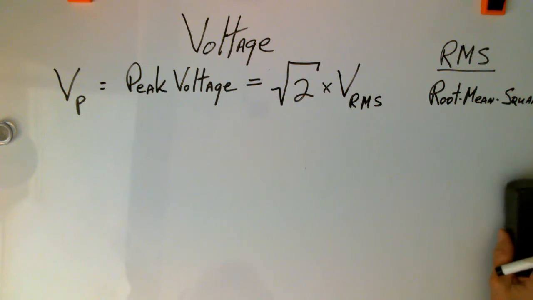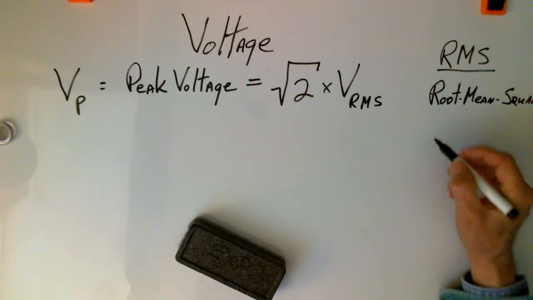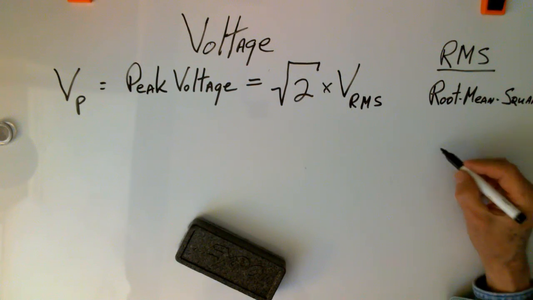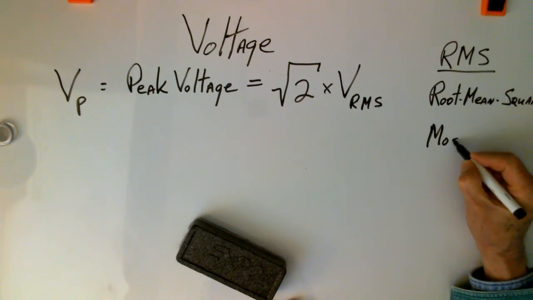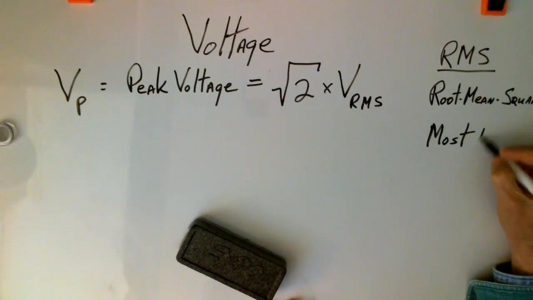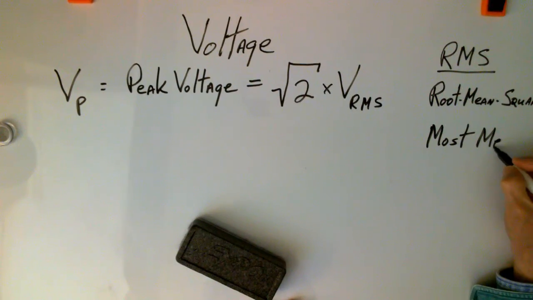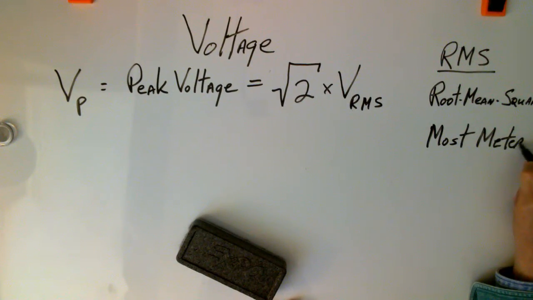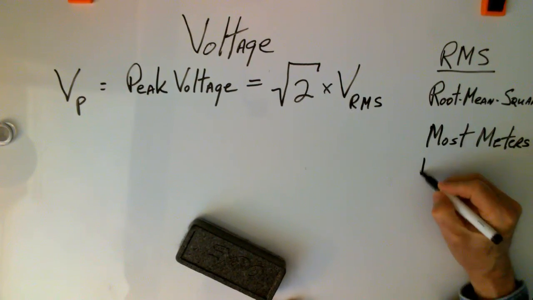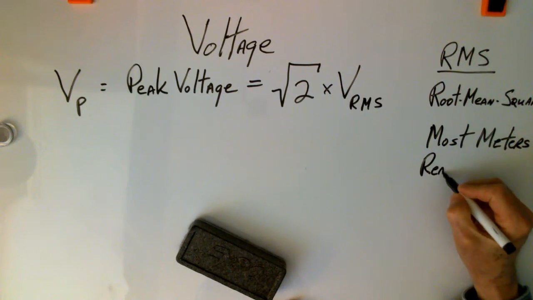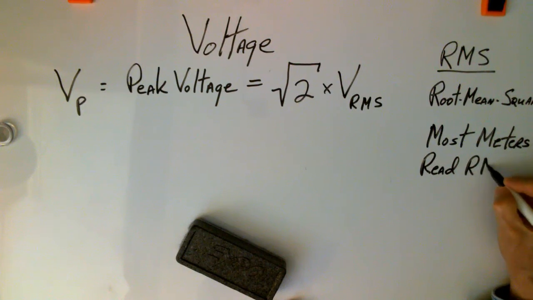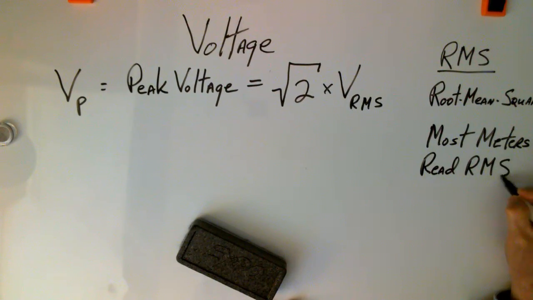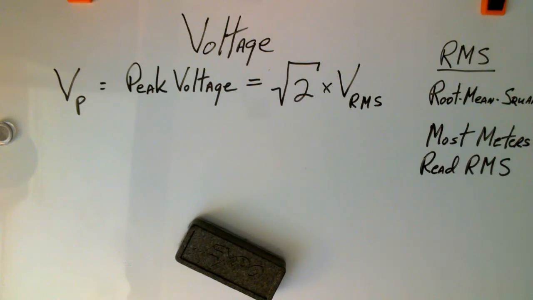Most meters read RMS. If you want to see the peak values, I would recommend an oscilloscope since they're lightweight these days and affordable.